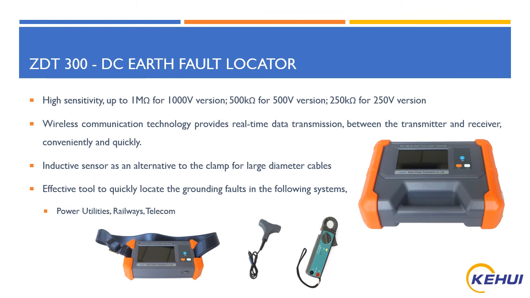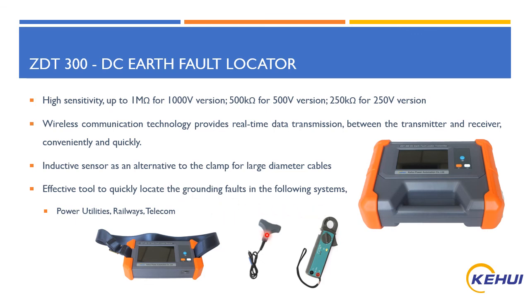ZDT 300 has the highest sensitivity, up to 1 megaohm for the 1000 volt version, 500 kilo ohm for the 500 volt version and 250 kilo ohm for the 250 volt version. It has powerful communication and real-time data transfer between the transmitter and the receiver.